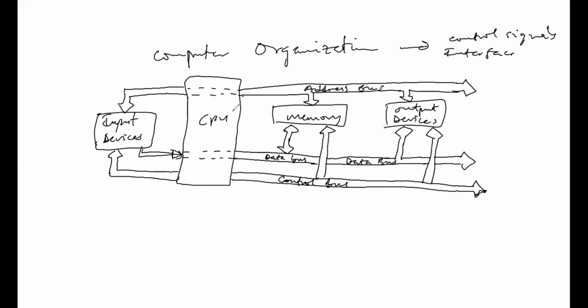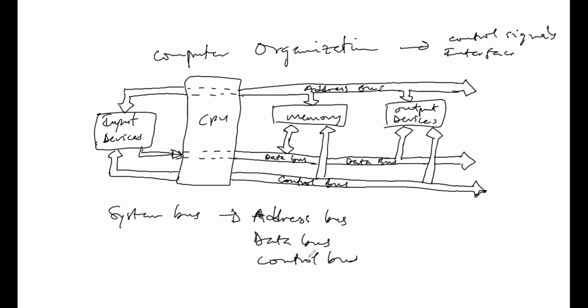And the computer system itself, we know that it consists of the CPU, which is the processor, the central processing unit, the memory unit, and the input output devices. And these are all connected via the system bus. So the system bus consists of the address bus, data bus and the control bus.